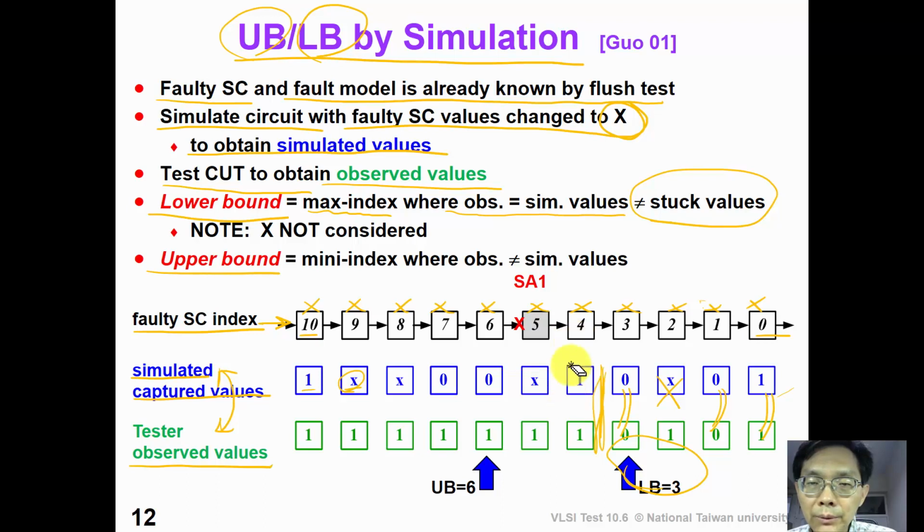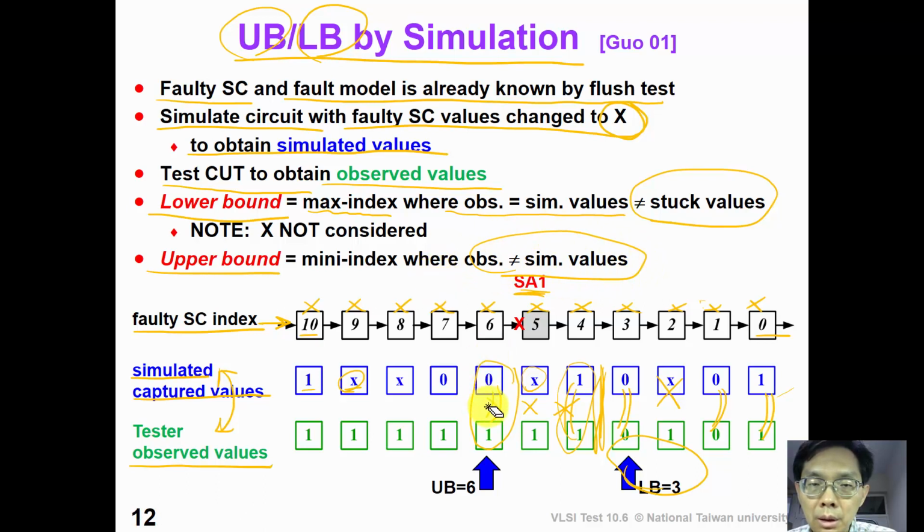For index number 4, although their values are the same, this is actually the same as the stuck value, so we cannot make any conclusion. For index number 5, there is unknown, so there is no conclusion. For index number 6, now we start to see a mismatch between the simulation value and the observed value.